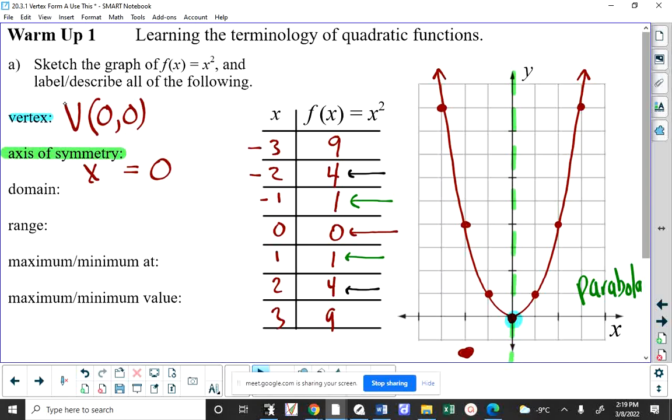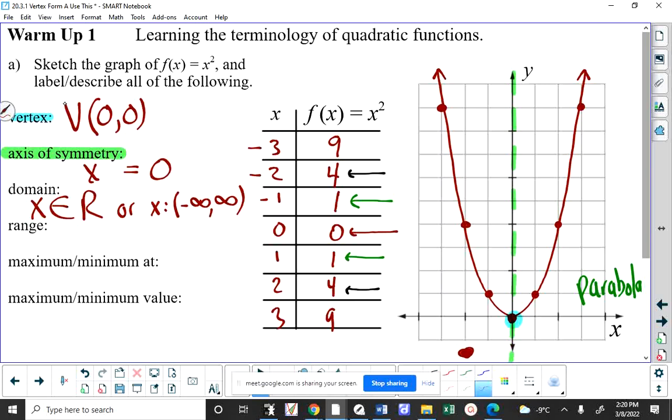So the domain is any number, and we write that in a couple of ways. We can write x is an element of any real number. This is just a fancy, mathematical, decorative way of saying, oh, x can be anything. We could say that x can be any number from -infinity to +infinity.